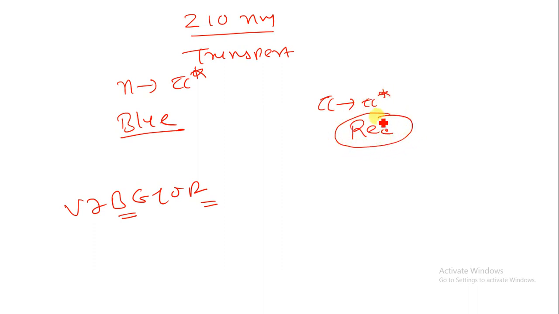The conclusion is that for a pi to pi star transition we have a higher lambda max, and for an n to pi star transition lambda max decreases.